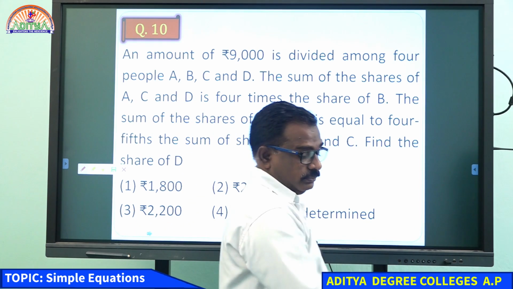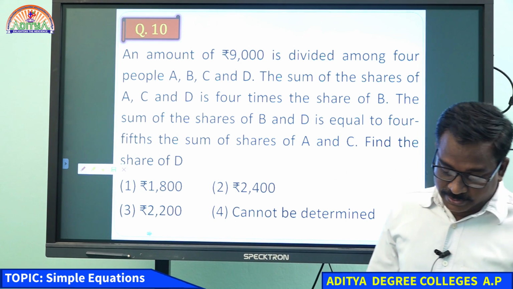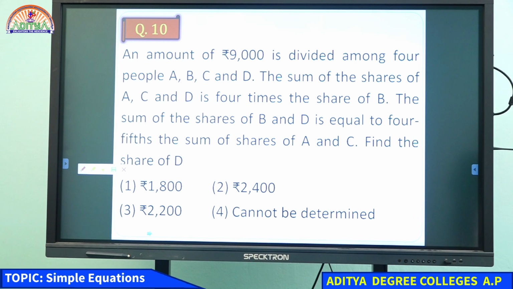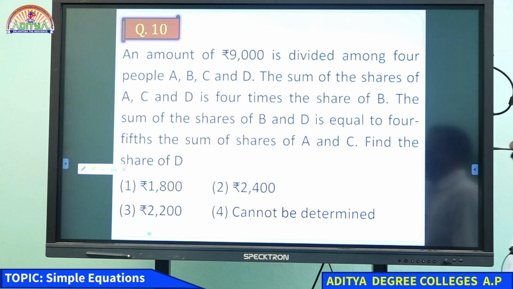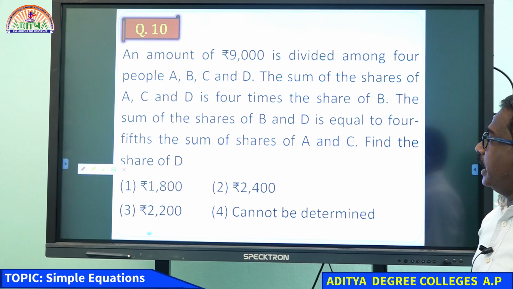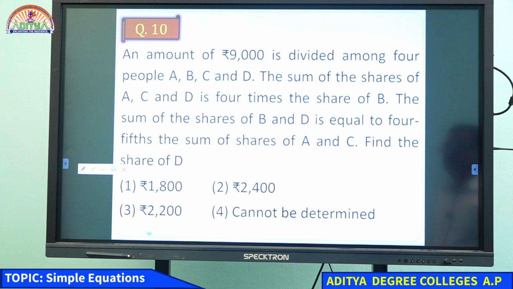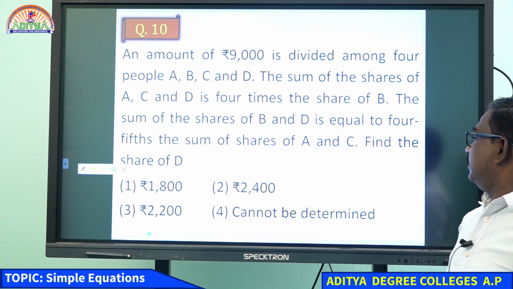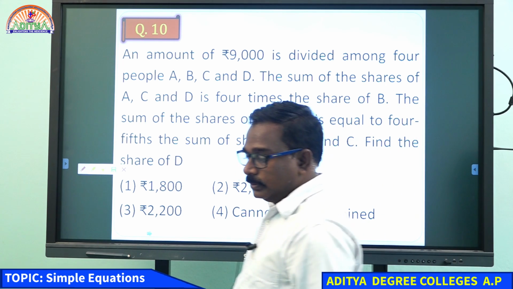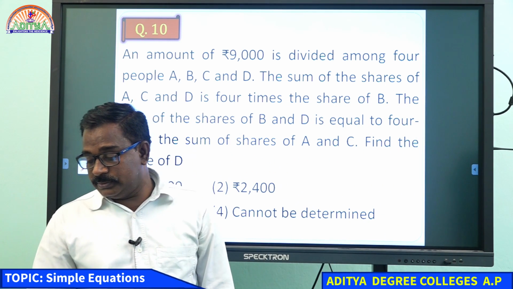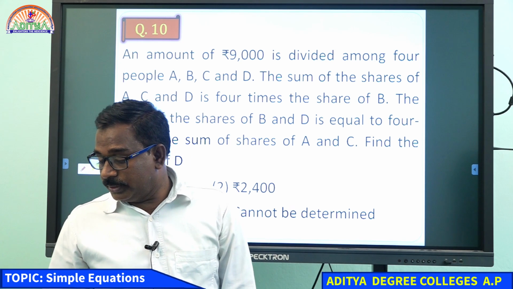An amount of 9,000 rupees is divided among 4 people A, B, C and D. The sum of the shares of A, C, D is 4 times the share of B. The sum of the shares of B and D is equal to 4/5 of the sum of the shares of A and C. Find the share of D. Can I get an answer from anyone of you? Read it carefully.